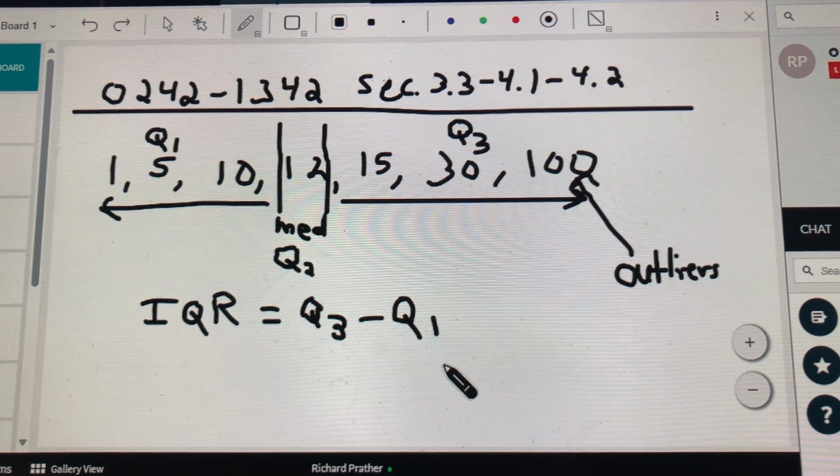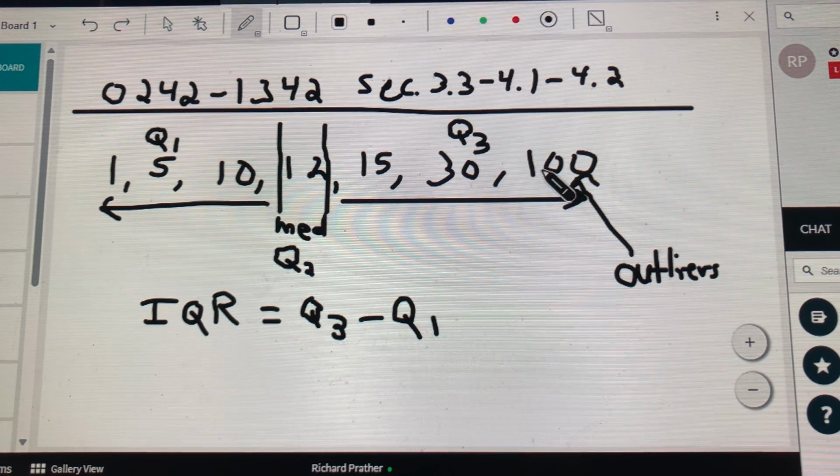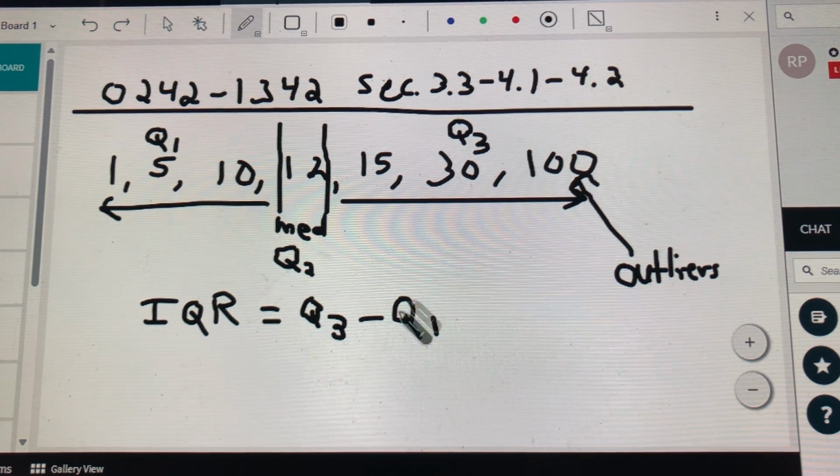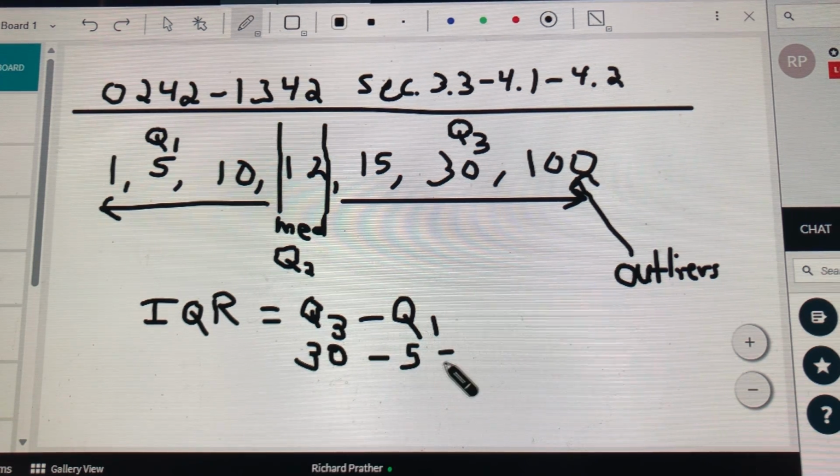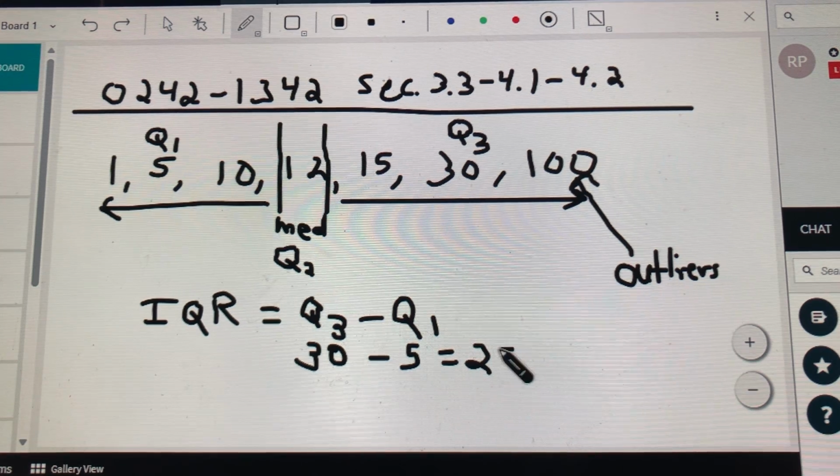And what that shows you, that's instead of doing the overall range that we learned earlier in chapter 3, the overall range is when you do 100 minus 1. There's a whole range to this data of 99 in distance, but a lot of it's distorted by this outlier, unfortunately. But if you look at Q3 minus Q1, you're getting a difference between the middle 50% of the data.